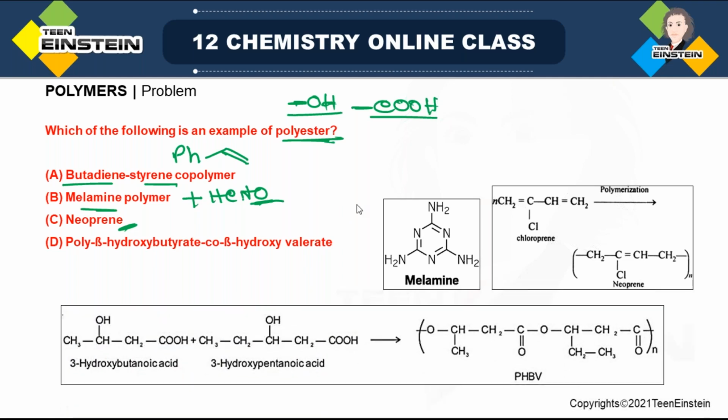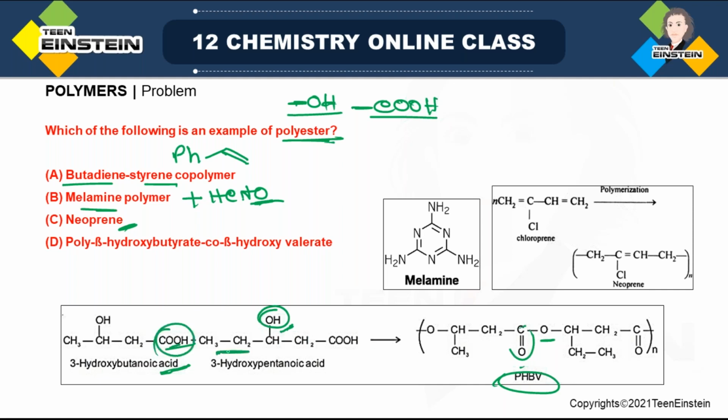But the last one is basically correct. Its synthesis we have just seen. It is an example of a polyester. So here we have a CO2H group and an OH group in both units. The CO2H group of the first monomer will react with the OH of the second one. So this OH is basically this one, and this CO is basically this one.